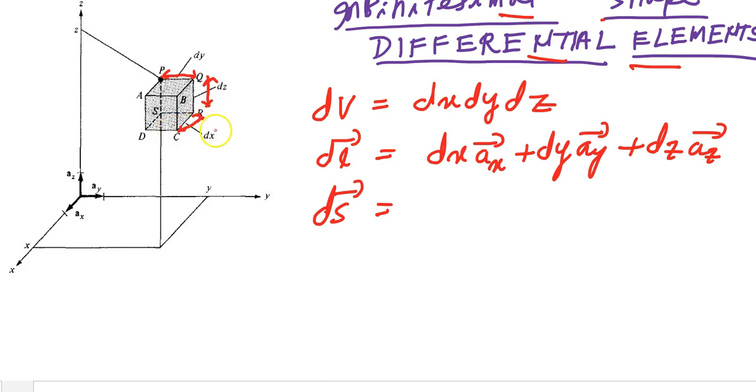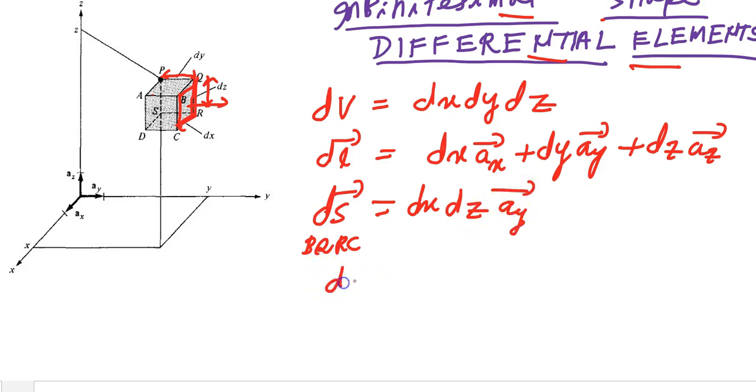For example, I want to find the surface vector for B, Q, R, C. This differential surface is dx into dz. And what is the vector normal to the surface, outward to the surface? It is ay, the unit normal vector.